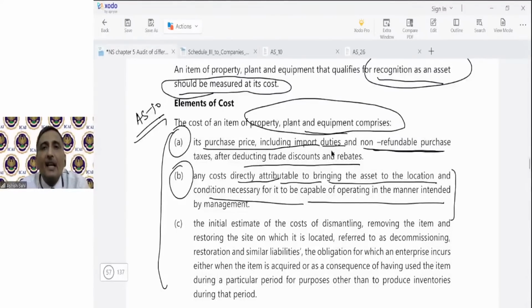So that freight cost also forms part of the cost of that machinery. It would be capitalized. It would be debited in the cost of that machinery. It would not be treated as a revenue expenditure. It would not be shown as an expenditure in statement of profit and loss account. Okay.